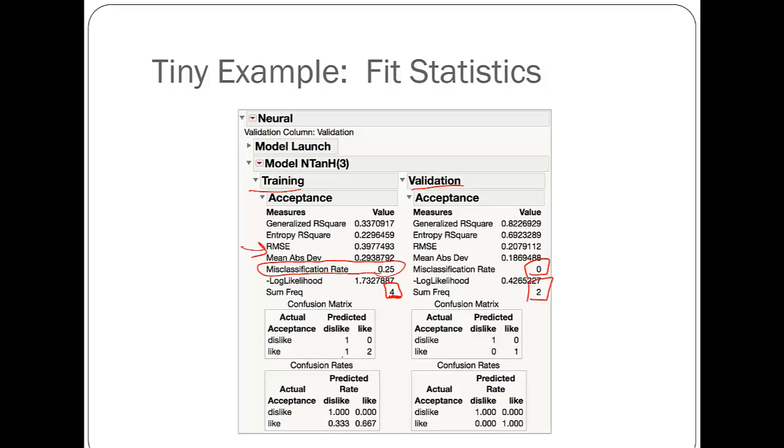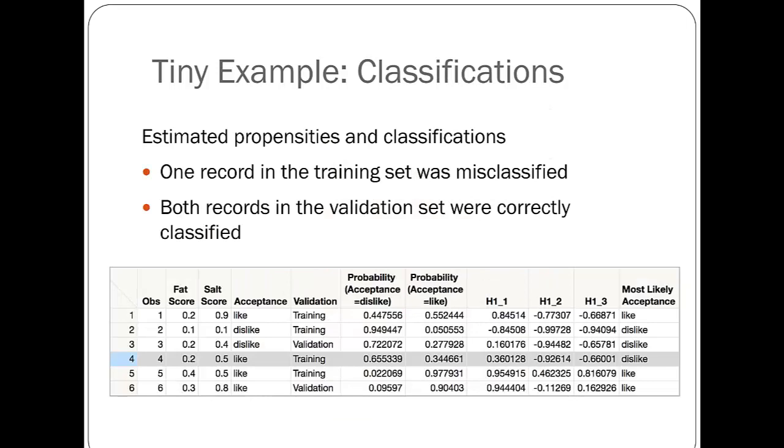So in the training set we get all but 1 right, and in the validation set we get everything right. And so we can see the outputs with the most likely acceptance column added on here, and we can compare that with the actual, and this is the only one that is misclassified.